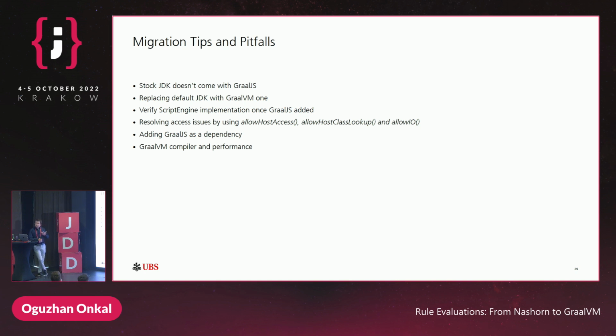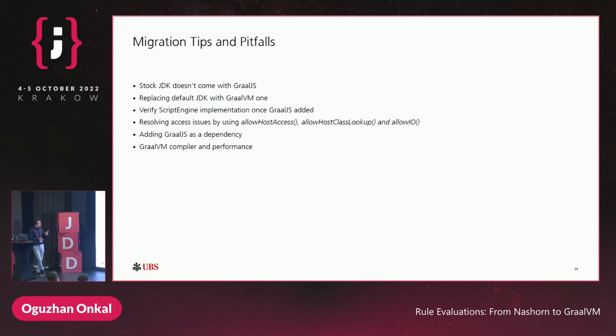But if you do it as a dependency, then you shouldn't have performance expectations, because GraalVM JS, or its core, comes with that compiler, if you recall. And that compiler is doing all the performance improvements. If you add it as a dependency, you don't get that. But still, the rule engine part will work, and it will execute all those rules.